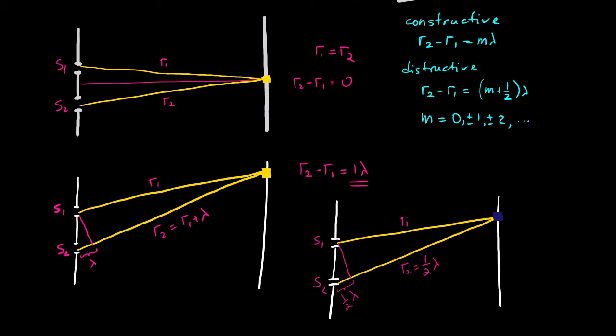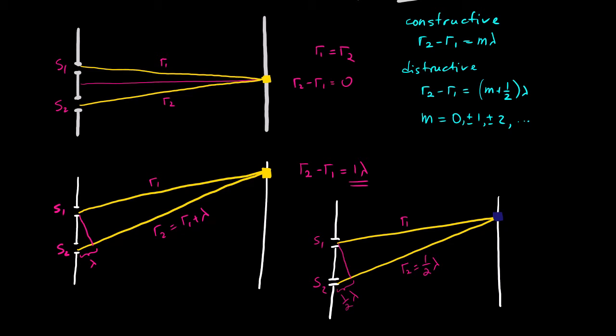Destructive interference creates other dark fringes on both sides of the center wherever the difference between R1 and R2 equals an odd integer number of half wavelengths, like 1/2 lambda, 3/2 lambda, 5/2 lambda, and so on. And obviously the bright fringes will happen on both sides of the center as well.